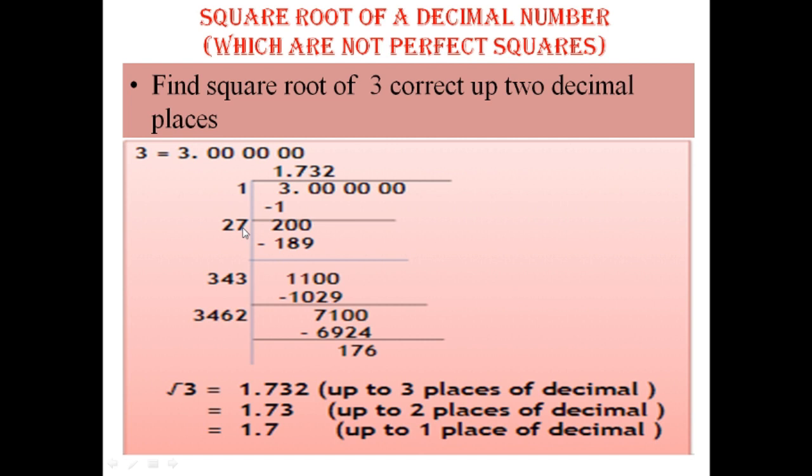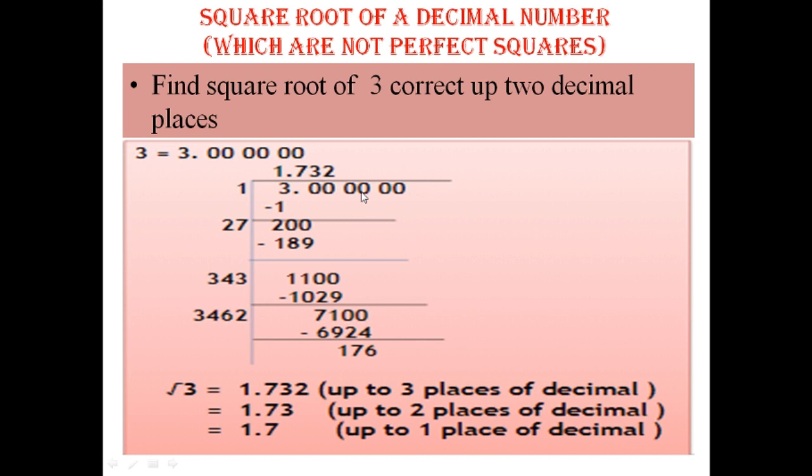So I have chosen 7 here and 7 here. When I multiply 27 by 7, I'll get 189. Subtract 189 from 200, you will get 11.